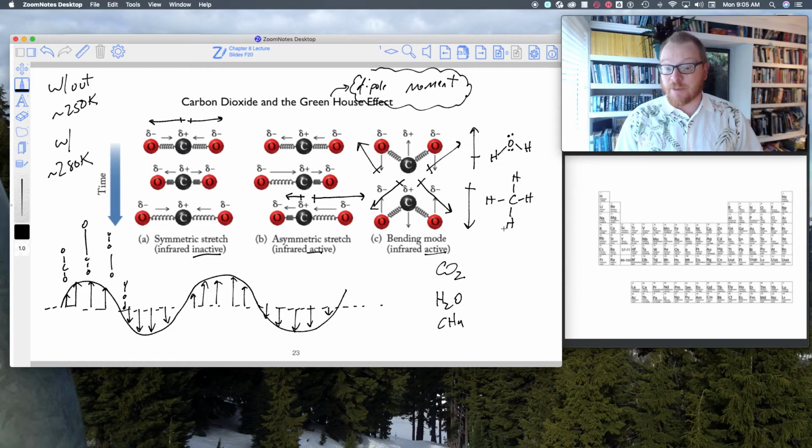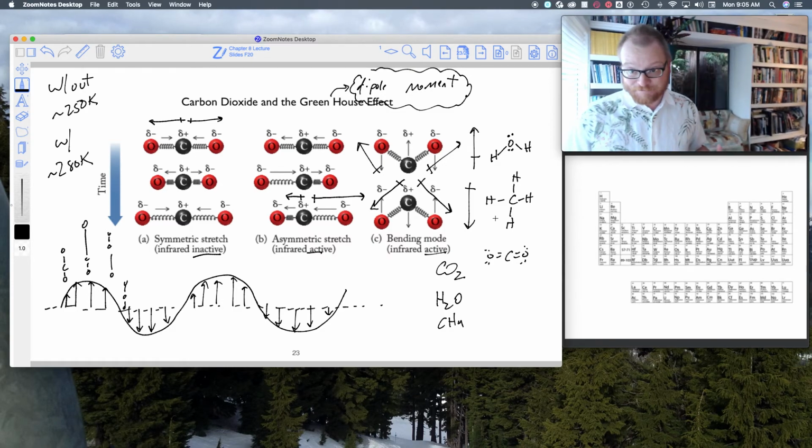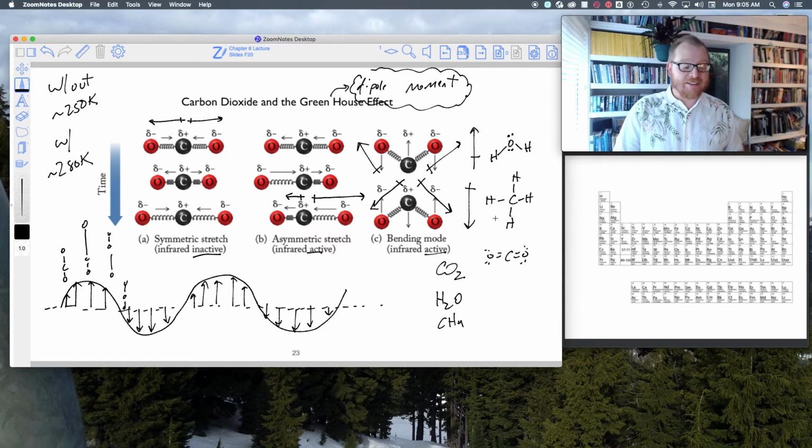And it's a much better greenhouse gas because carbon dioxide has 2 bonds, but methane has 4. That's 4 bonds that can store infrared energy in the form of these molecular vibrations.